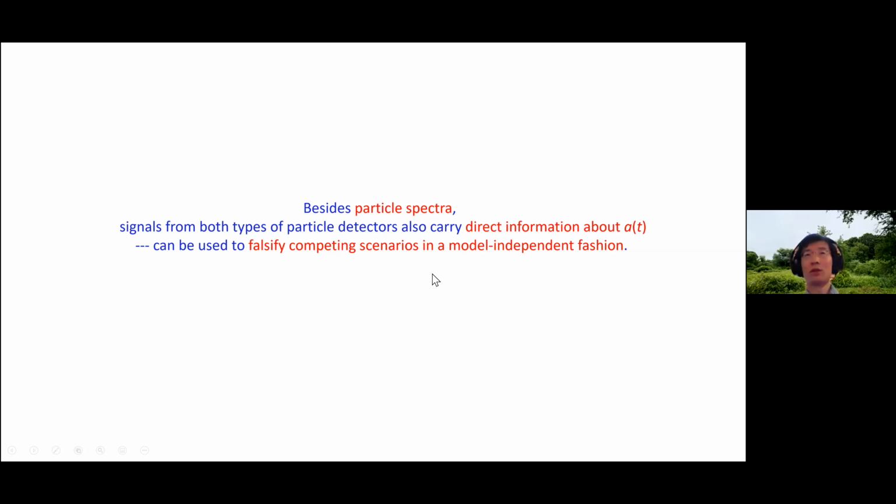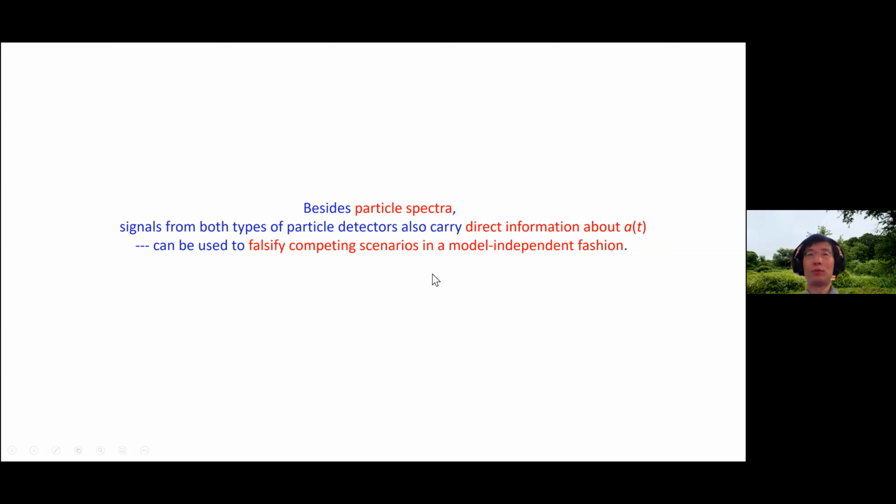Yeah. So the scenarios I talk about belong to sharp feature scenarios, where I expect to see some oscillations, a combination of oscillations that is a characteristic of sharp features, and the resonance, basically the ripple on the potential type of signals.